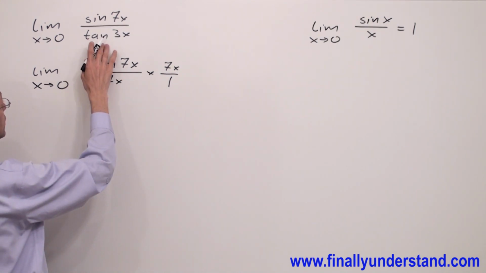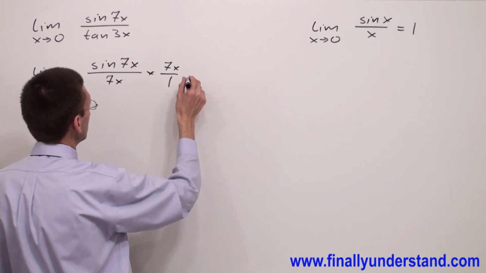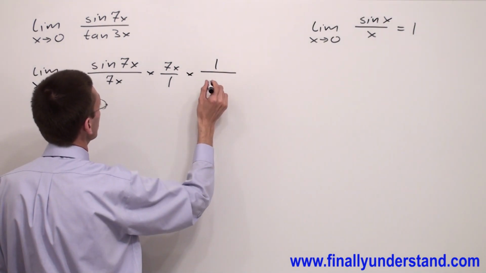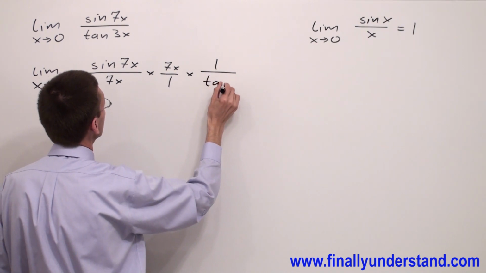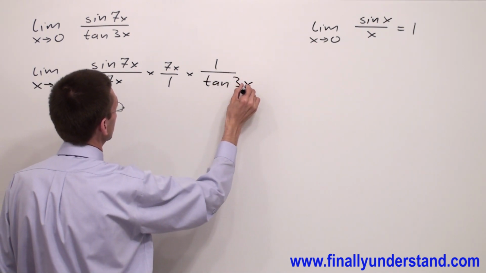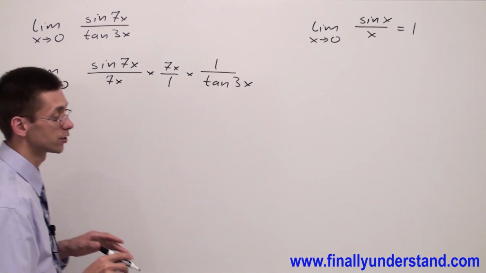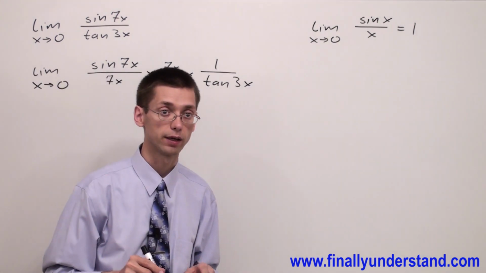Now we're supposed to get to the tangent. So we can rewrite this as 1 over tangent 3x. You're supposed to keep in mind that tangent is nothing else but sine over cosine.